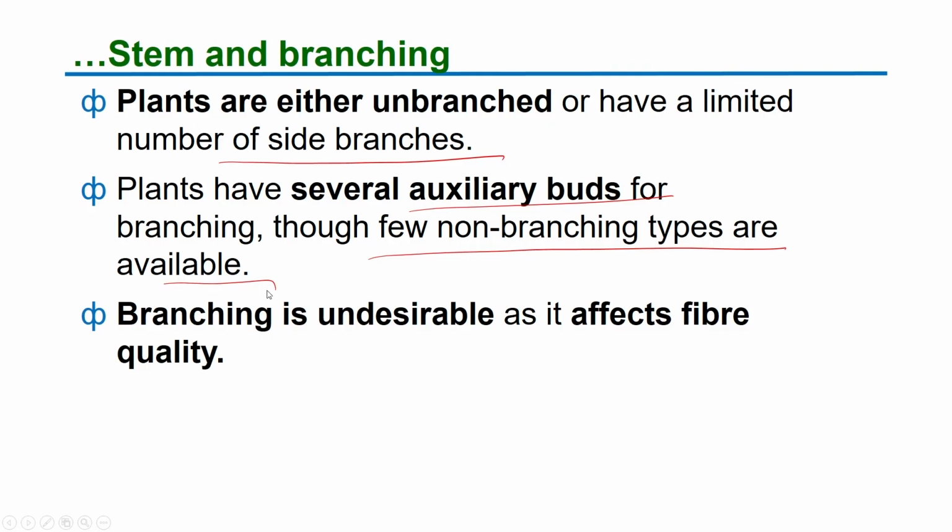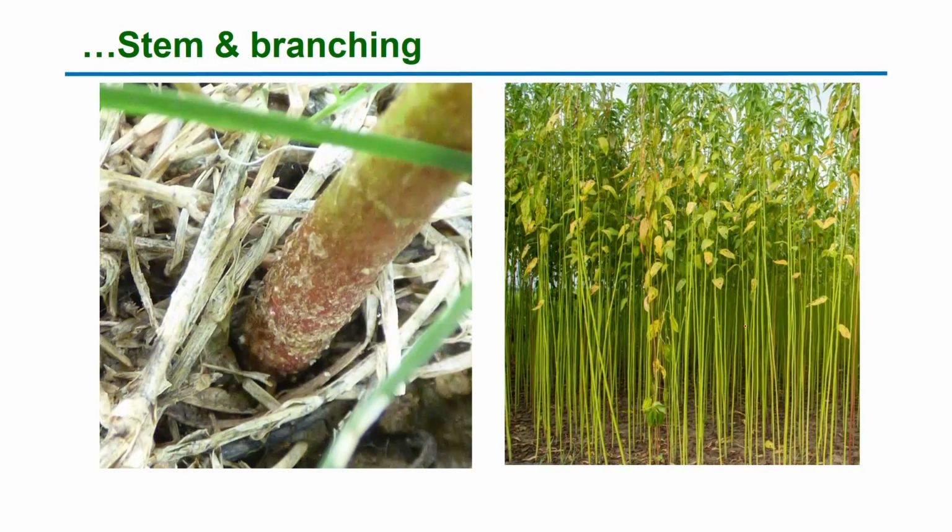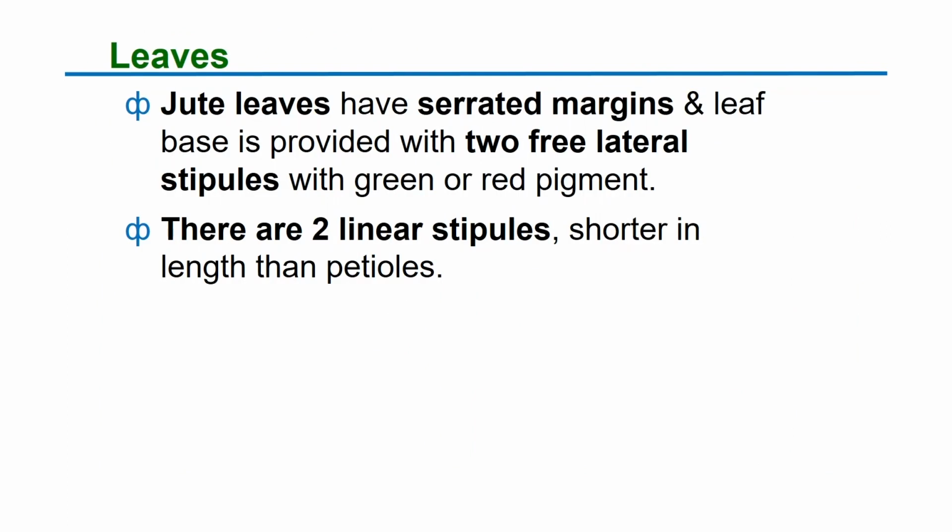Branching is undesirable as it affects the fiber quality. Now you can see the stem. This is the stem, and you can see the purplish green color of the stem on the left side, and it can be yellowish green also on the right side. So some variations or shades of color are available.